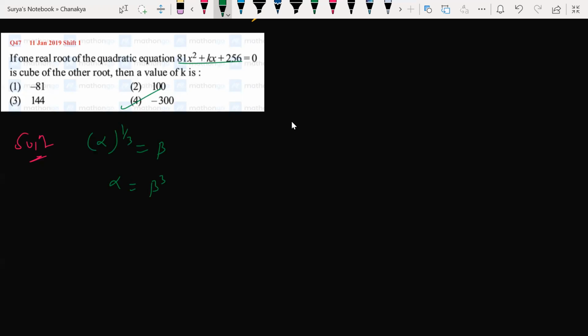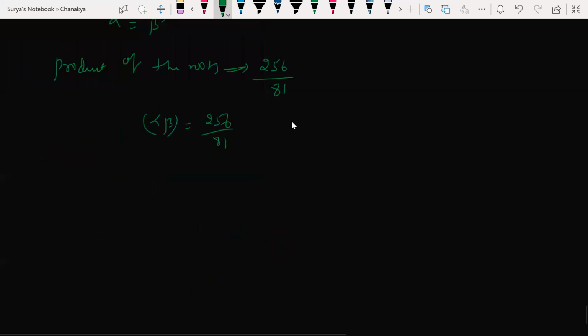So now the sum of the roots is going to be what, and the product of the roots is going to be what? Let's take the product. The product of the roots is nothing but alpha beta, which is 256 divided by 81. Correct?